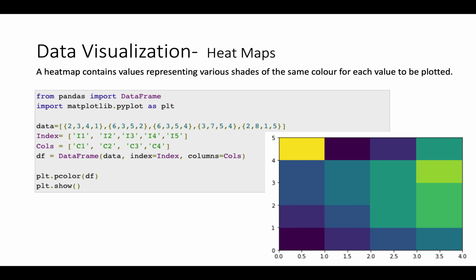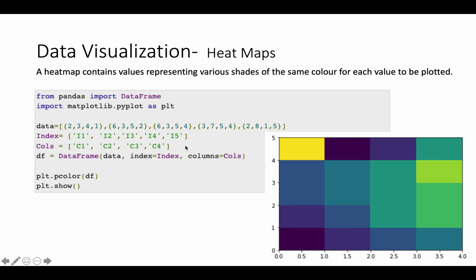And then the heat map represents the values by showing a color for each value in the plot. Usually the darker shade of the color represents a higher value, and the legend shows it. For very different values, different colors can also be used.